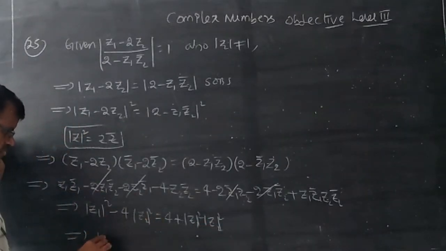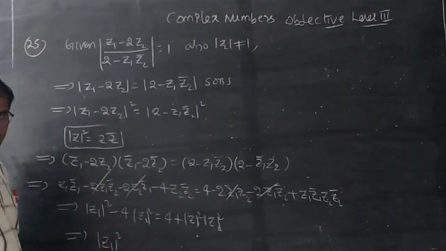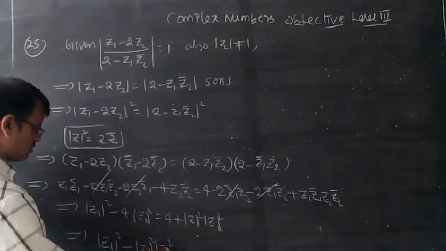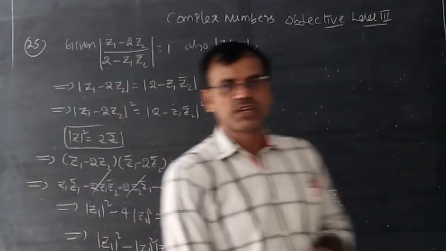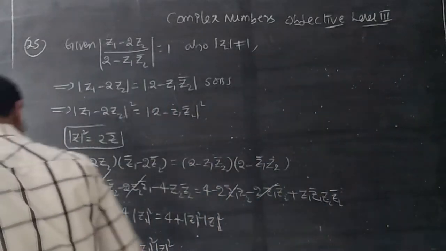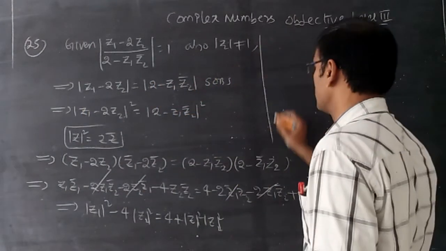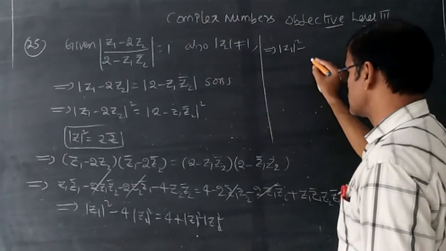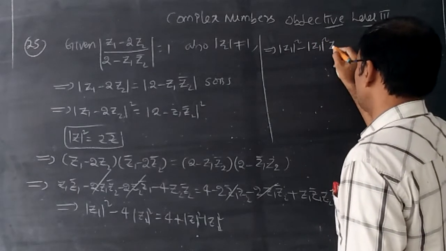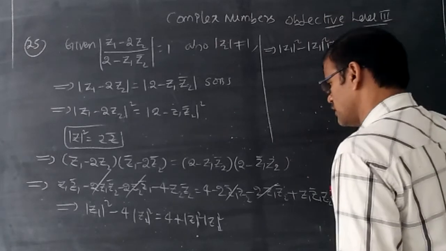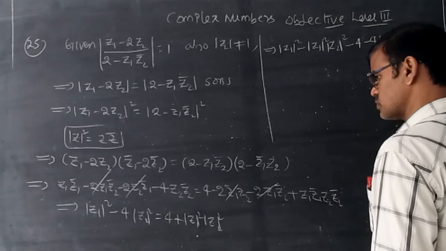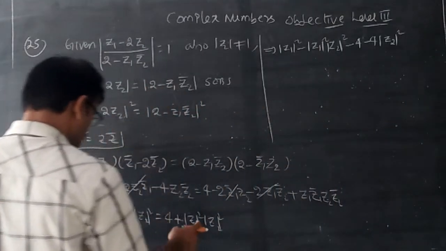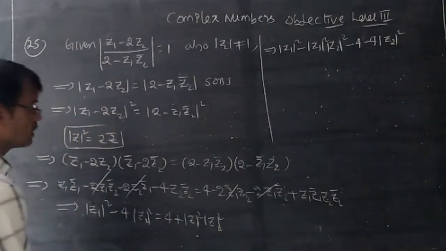Take the terms to the left side and write like this: modulus of z1 square minus modulus of z1 square into modulus of z2 square, minus 4 modulus of z2 square, plus 4. Taken to this side it becomes minus.